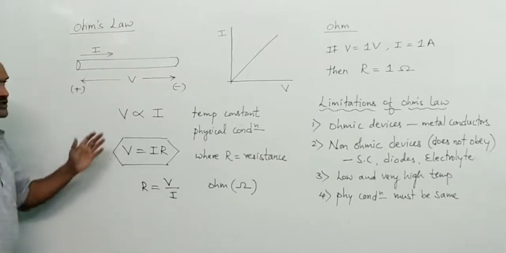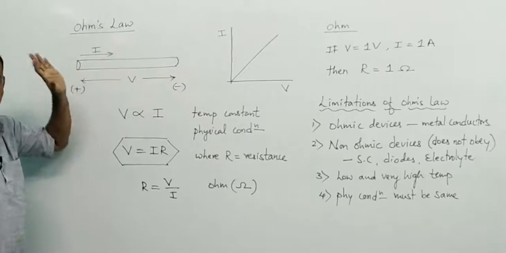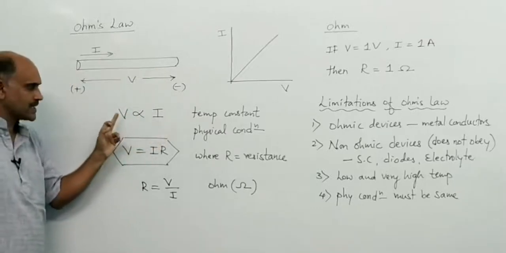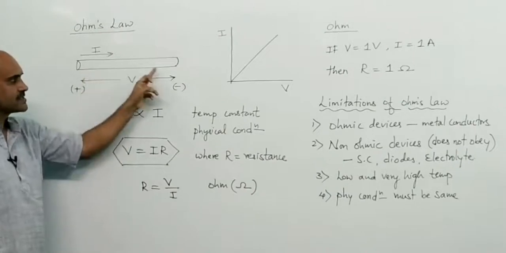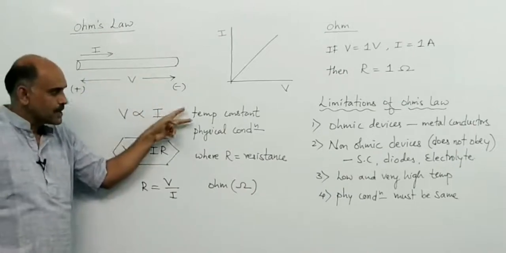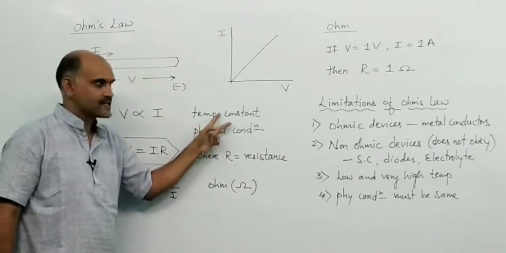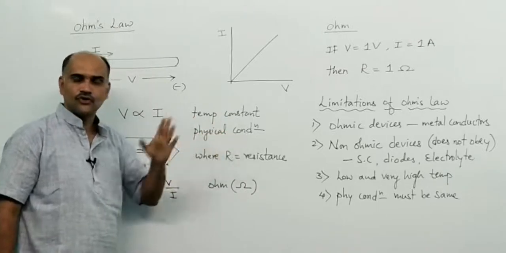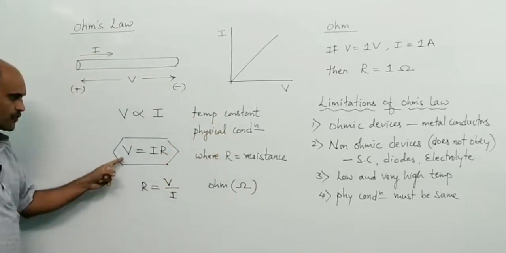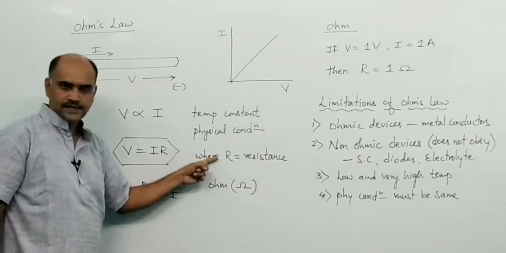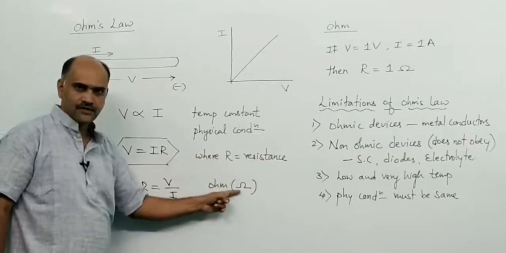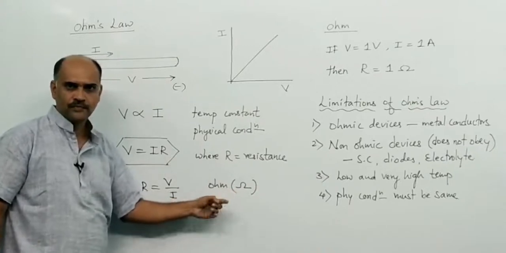Clear, students? So first, Ohm's law: current flowing through a conductor is directly proportional to potential difference between its ends, provided temperature and physical conditions remain constant. So formula is V is equal to IR, where R is called resistance and SI unit of resistance is ohm.